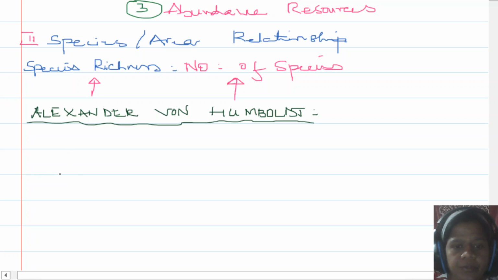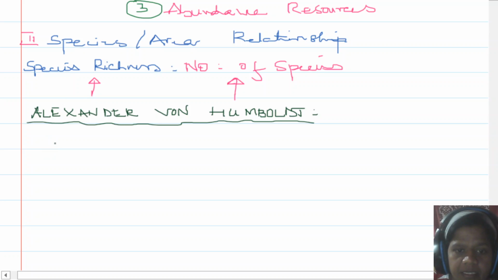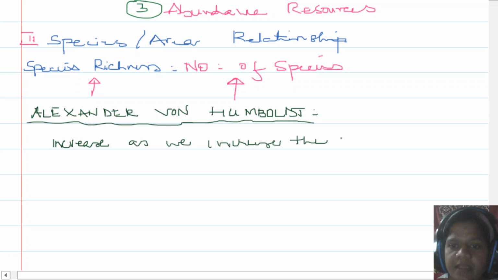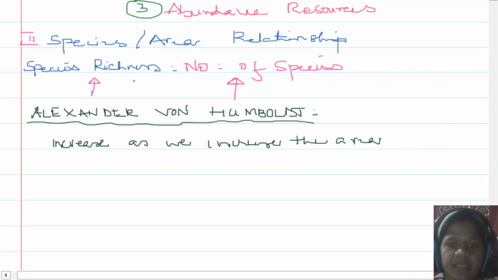So when you start off counting the species, richness will grow, will increase as we increase the area of which we are interested in, right?